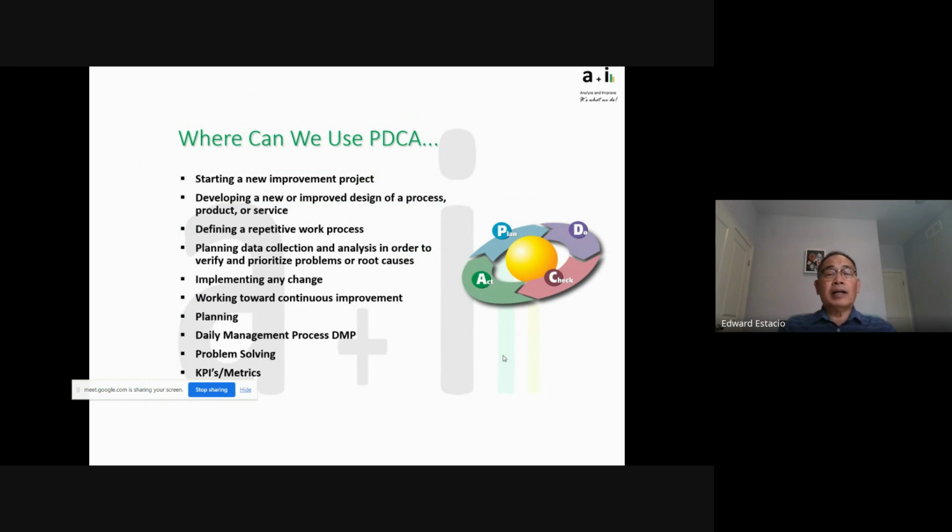How do we analyze it? Then, when we implement changes, and also working towards the continuous improvement plan. Our day-to-day activities, our daily management, we could apply it there. Our problem-solving processes, and also our KPIs or our metrics. So it could be applied on everything, even in your day-to-day activities.